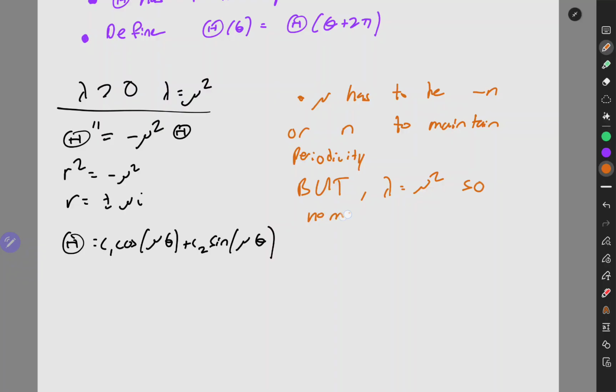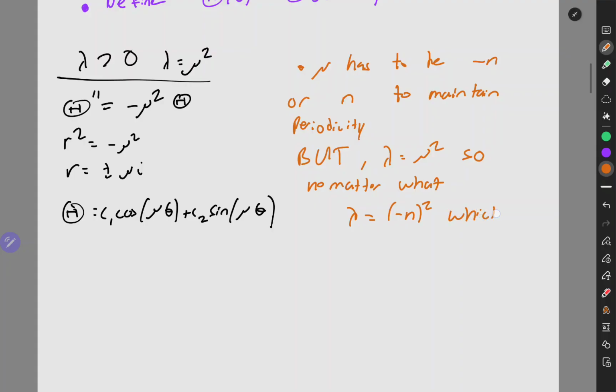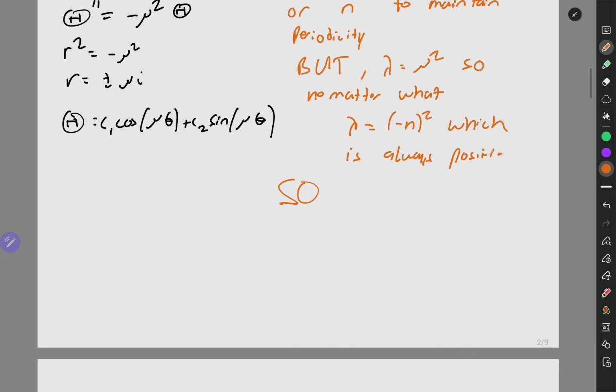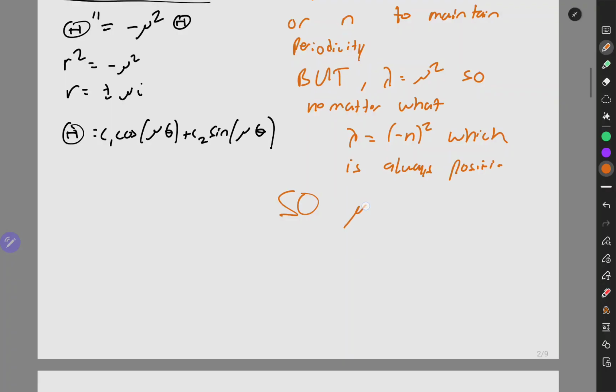So no matter what, lambda is always going to be equal to n squared, which is always positive. So mu has to be positive n for lambda to be positive.